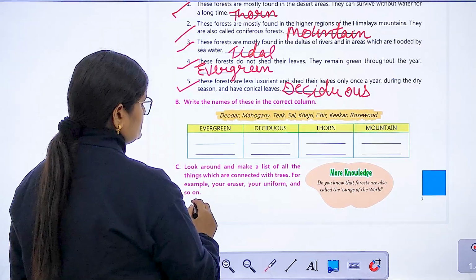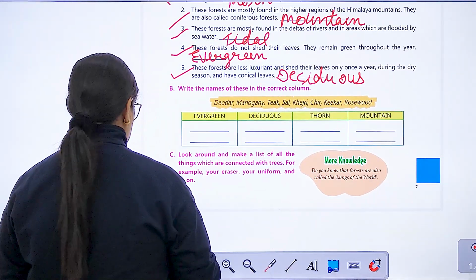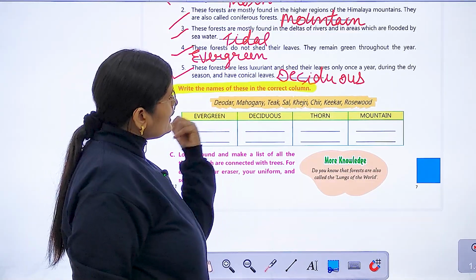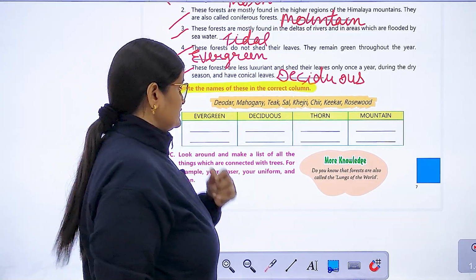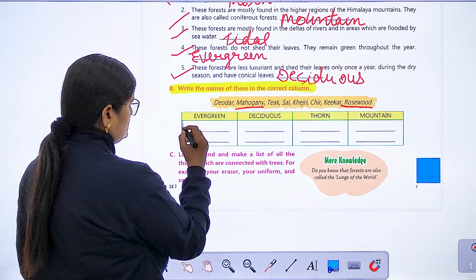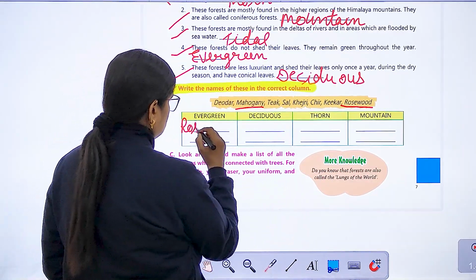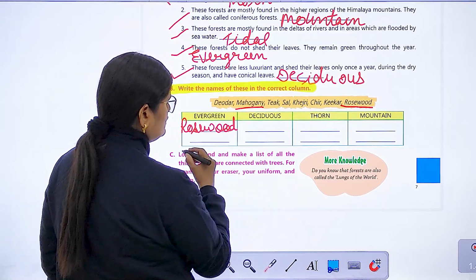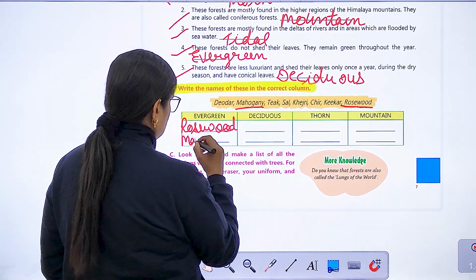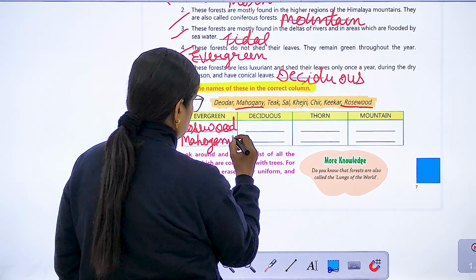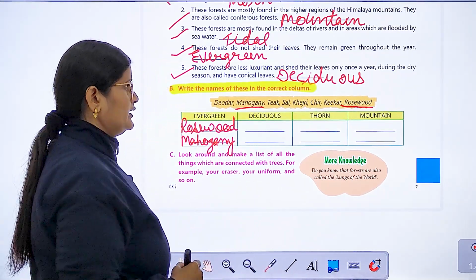Now question number B. Write the names of these in the correct column. So the evergreen trees are rosewood and mahogany. Okay.